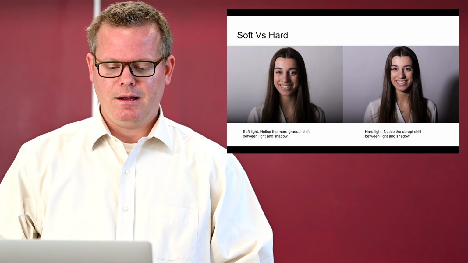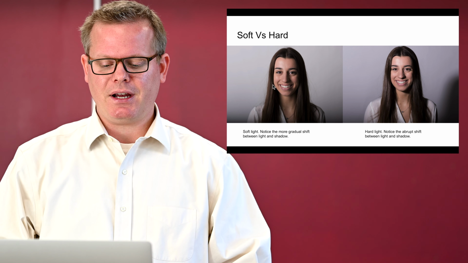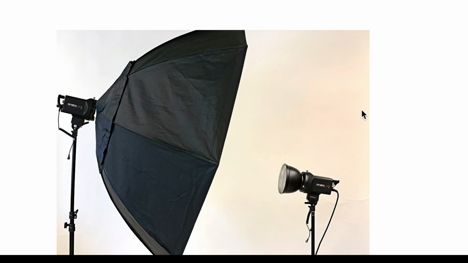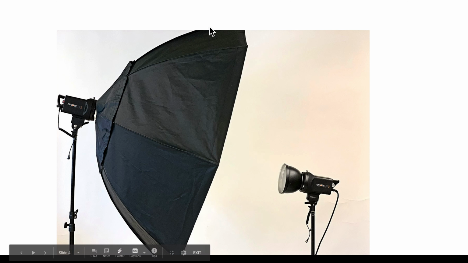The soft light is on the left. Check out her nose. See how it's smooth, where the shadow begins and where it ends, it fades in. Whereas here, the light is coming from the same direction but from a small source. The first shot is using this light, the second shot is using this one.